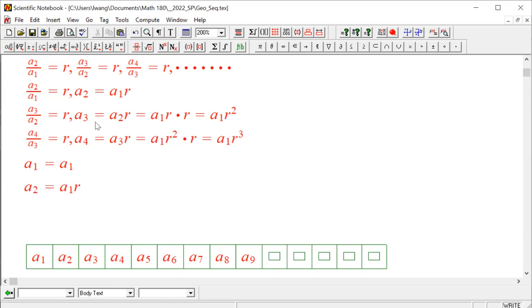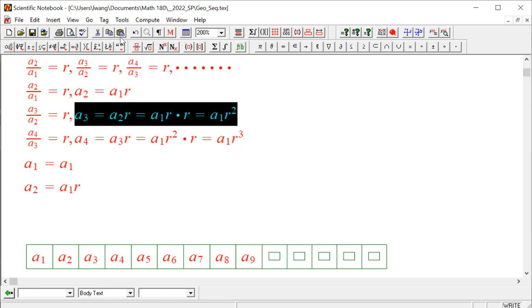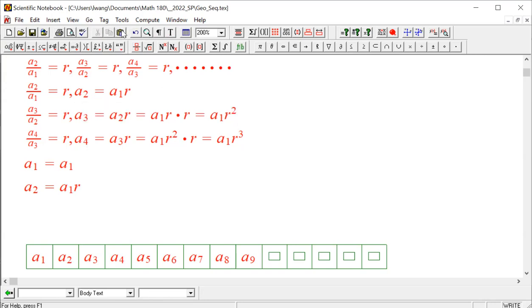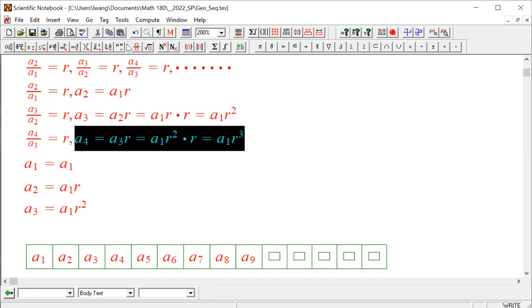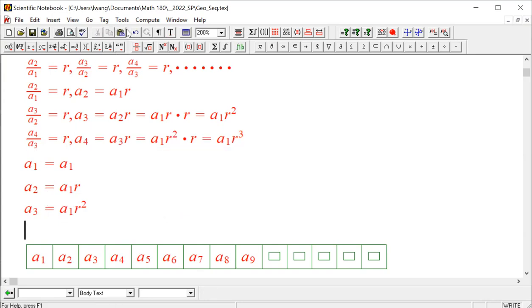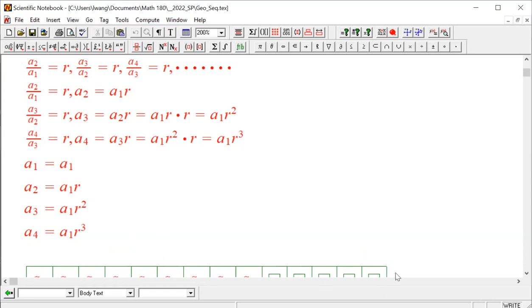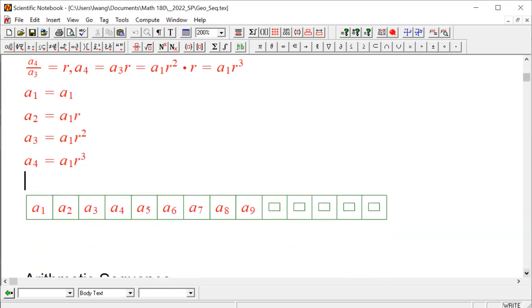A sub 3 is a sub 1 times r squared, as we have just derived. And a sub 4 is a sub 1 times r raised to the power of 3. And this pattern keeps going.